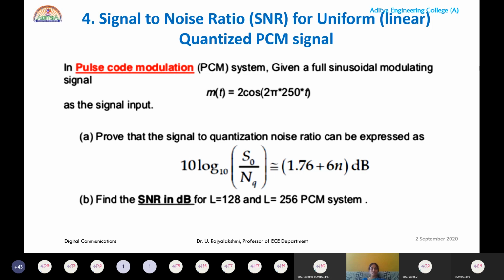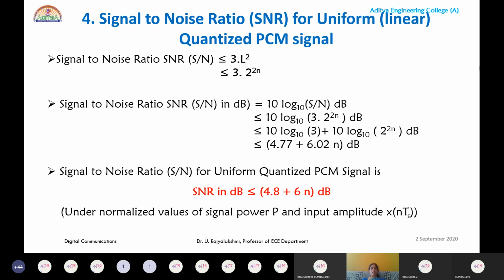I will stop the session here. So, the conclusion: only two points from this session. One is the quantization noise power of the PCM system, which is equal to delta square by 12. And the SNR in decibels is less than or equal to 4.8 plus 6n, and in normal values it is 3PL square, where P is the signal power.